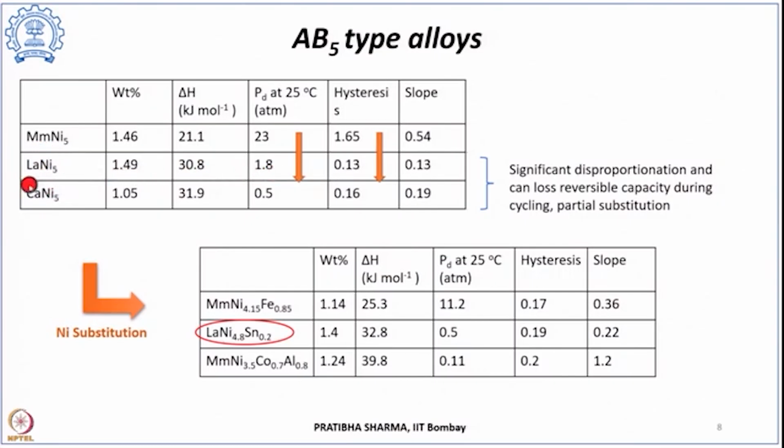However, it has been found that these two, LaNi5 and CaNi5, on repeated cycling, when hydrogen gets into the lattice there is an expansion and when it is released then there is a contraction.